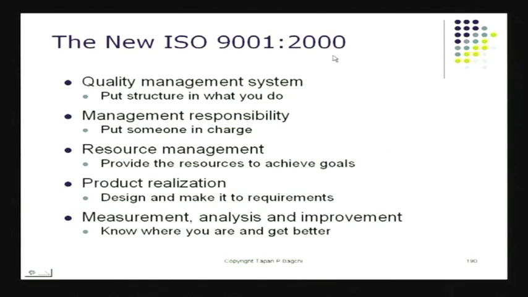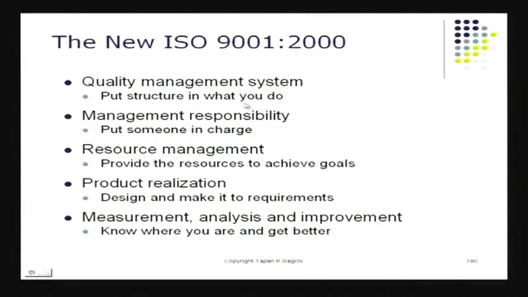Their vision in 2000 was that they would unify these standards and come up with one standard, which they did when they came up with ISO 9001:2000. This was a new quality management system that was put together, having learned a lot from the initial set of 4 or 5 different standards. They came up with one standard which put a structure in whatever a company does, and it wanted to make sure management put someone in charge.